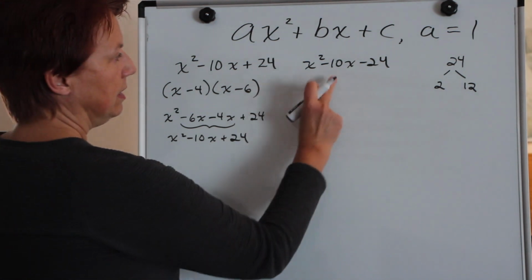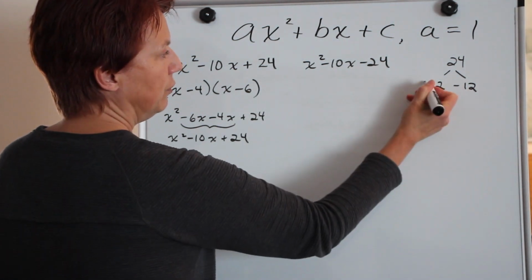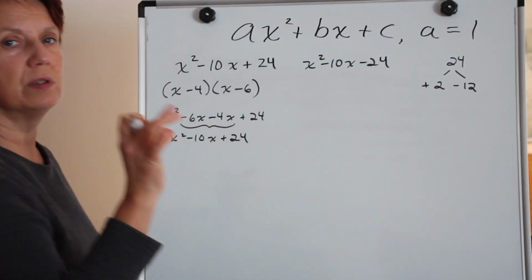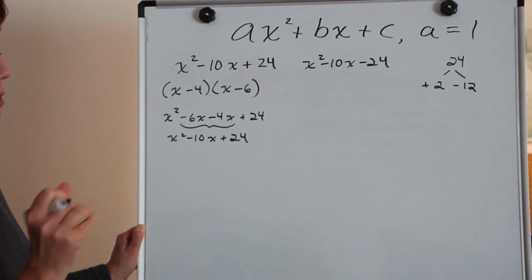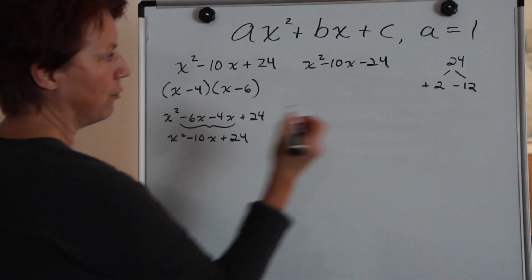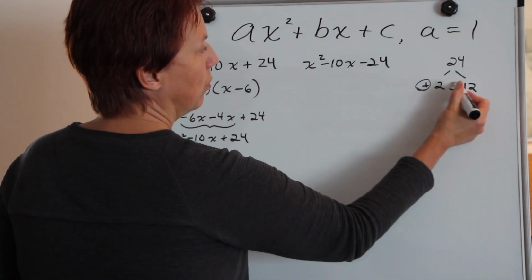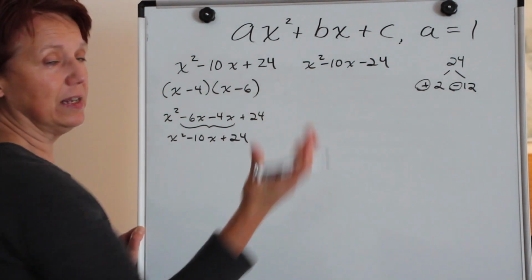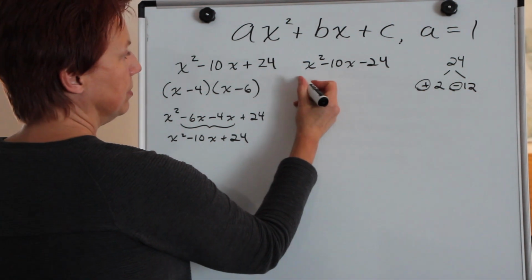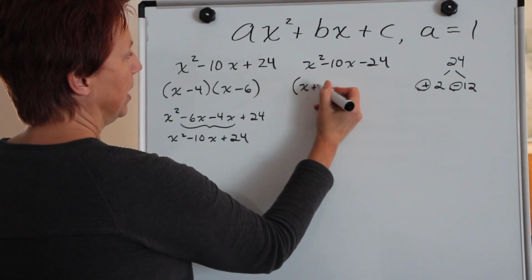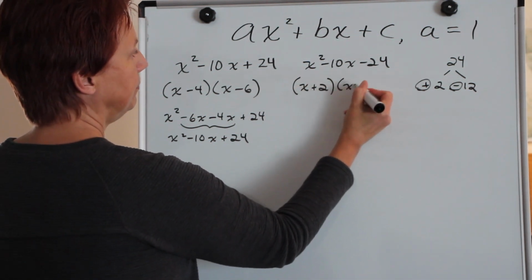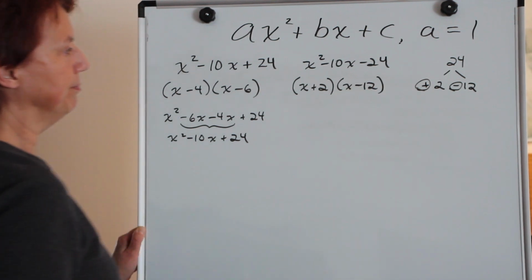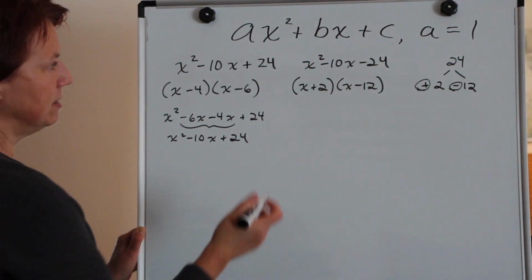So what signs do we need to get negative 10? We need negative 12 and positive 2. Write those signs down so that you know you've done the check for it, okay? And then we're going to multiply those two signs. We're going to ask ourselves, am I getting this sign? The answer is yes. So then we just write our two factors out. And we're done.